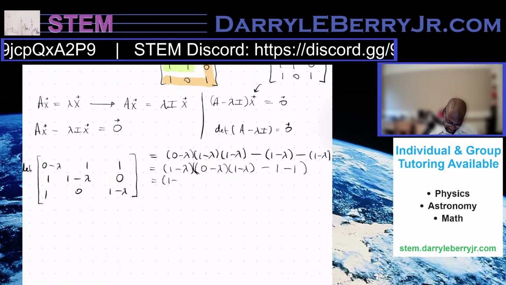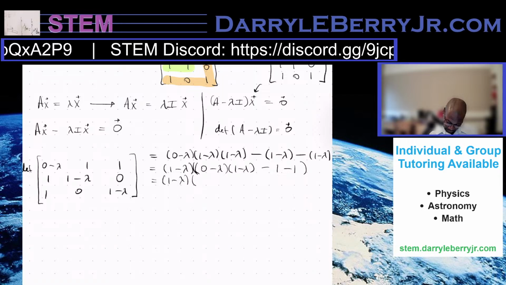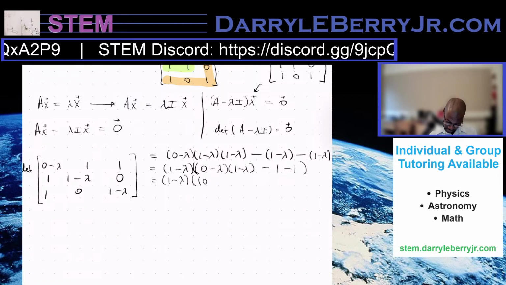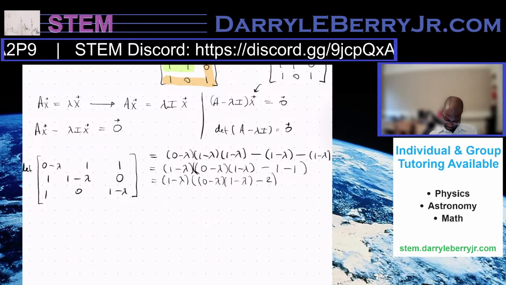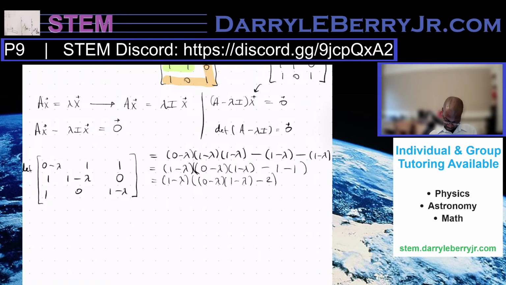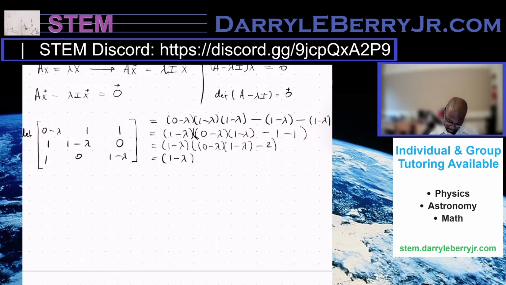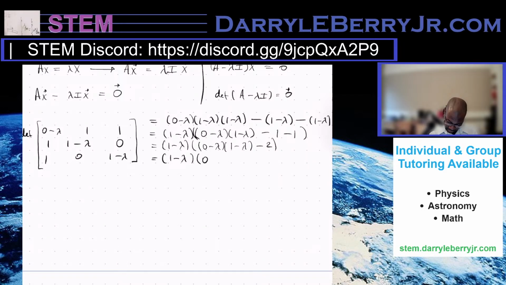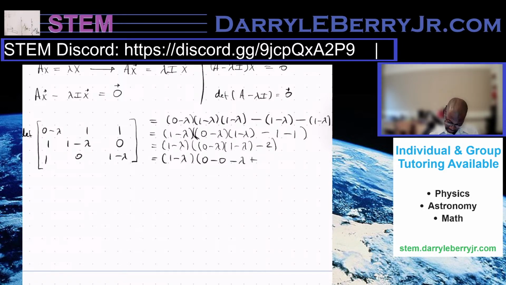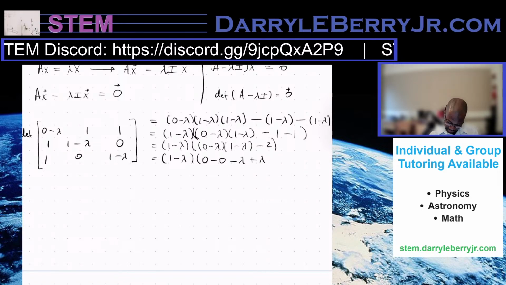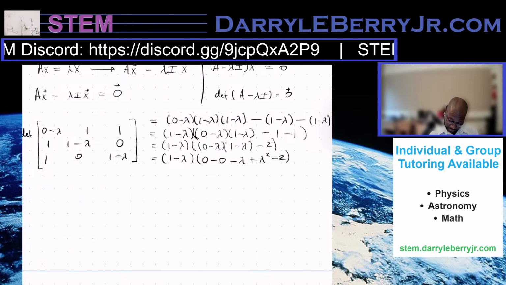So that equals (1 minus lambda)((0 minus lambda)(1 minus lambda) minus 2). That becomes (1 minus lambda)(0 minus 0, minus lambda, plus lambda, plus lambda squared minus 2).